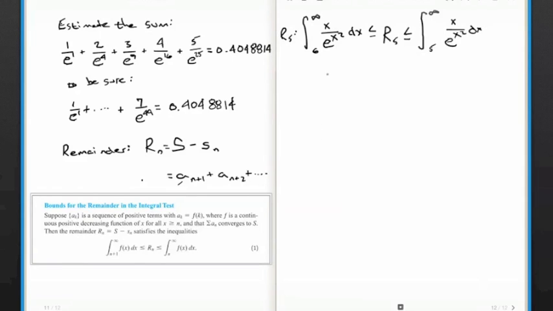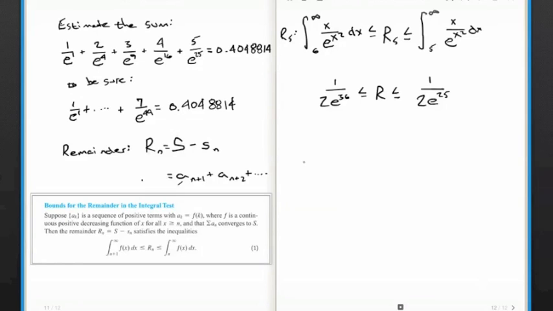When I plug these in, this becomes 1 over 2e to the 36th. My remainder is going to be between that and 1 over 2e to the 25th.